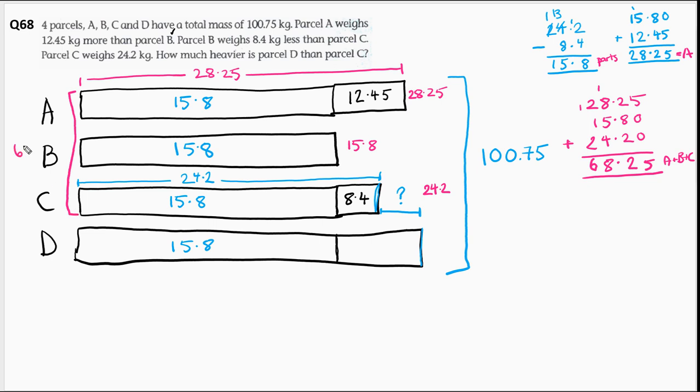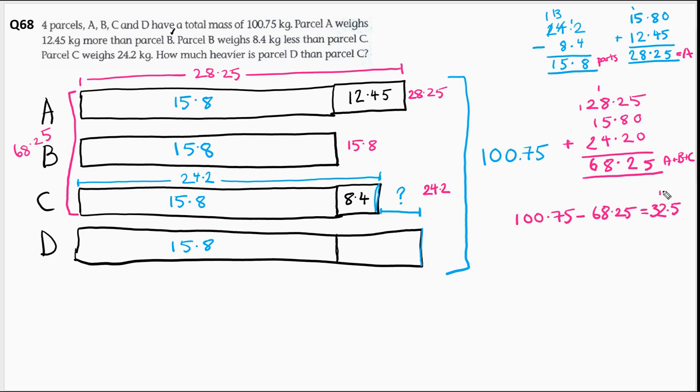All right, I could put it in here if I wanted. Okay, 68.25. And again, if I subtract 68.25 from 100.75, I'm going to get the mass of D. I'm not going to go through all of them now. So 100.75, if I take away 68.25, that gives me 32.5.